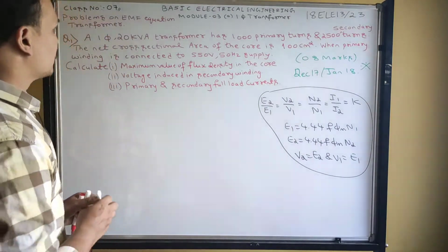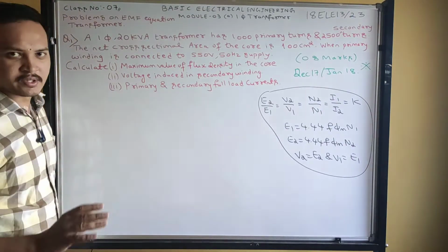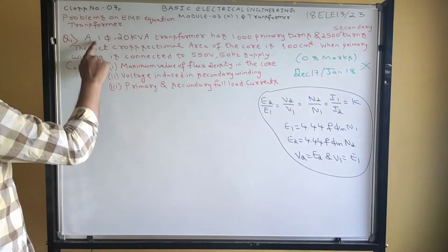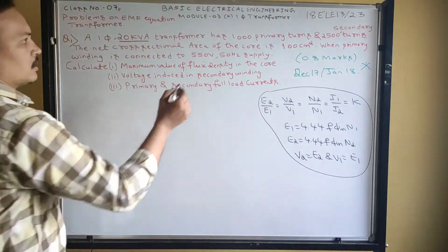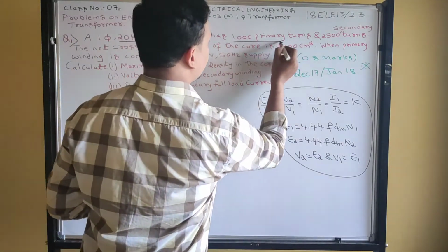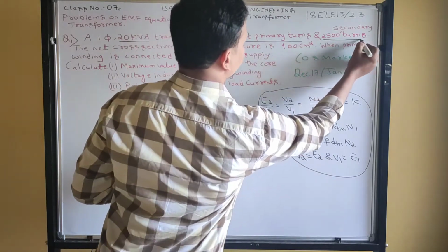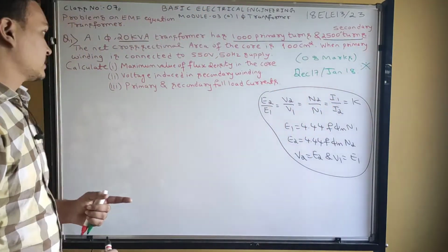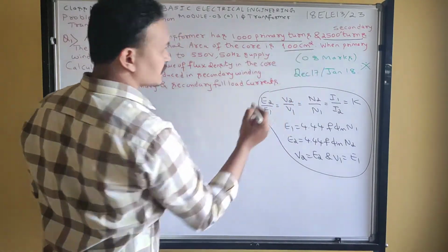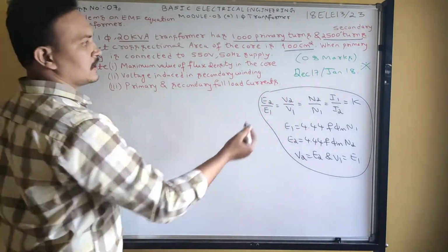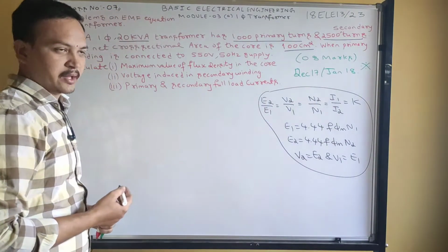We can start with one question asked in a university exam. A single phase 20 kVA transformer has 1000 primary turns and 2500 secondary turns. The net cross-sectional area of the core, this is additional data, don't worry, is 100 centimeter square.